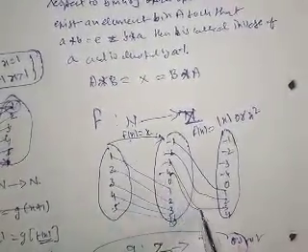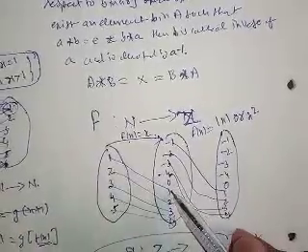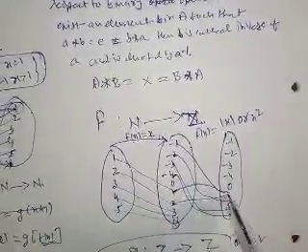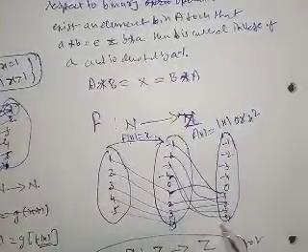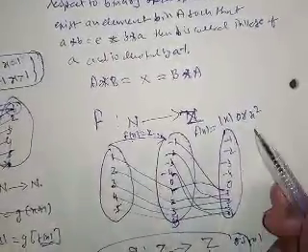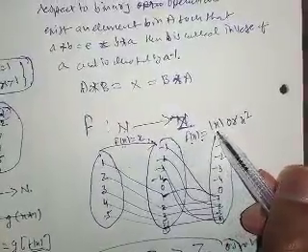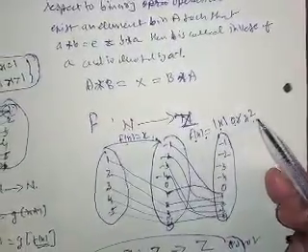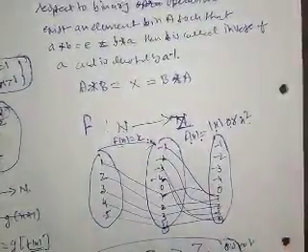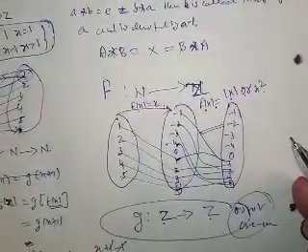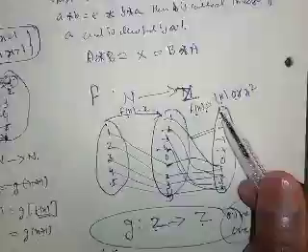Similarly, minus 4 will also give you 4, and 1 again will give you 1, 2 will give you 2, 3 will give you 3, and 4 will give you 4. It means that if the function is g(x) equal to mod x or x square, g is not 1-1. G is not 1-1. Isn't it? You got this?